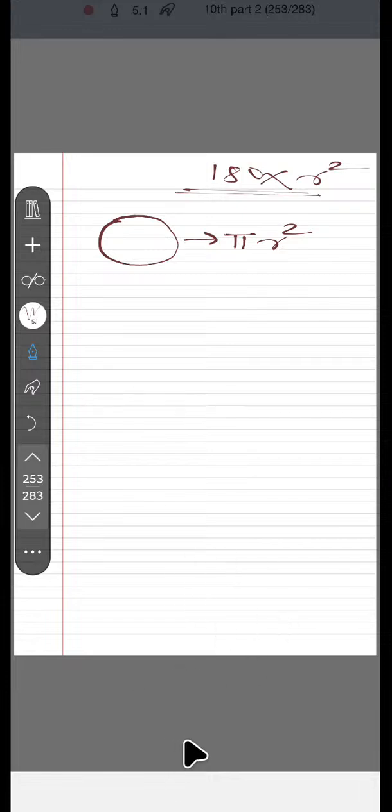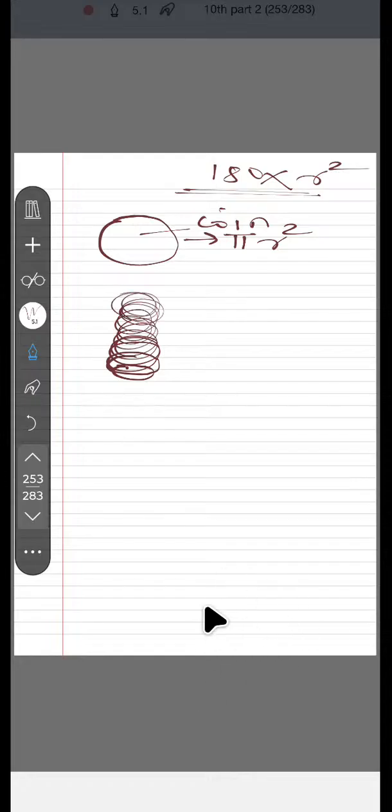Now suppose I keep a coin like this. This is a coin. If I keep many coins on each other this way, which shape do I get here? This is nothing but a cylinder.